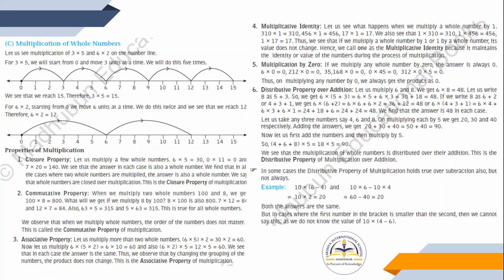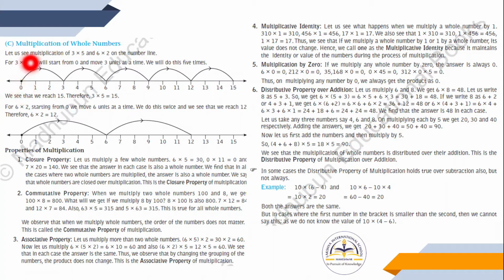Let us see the multiplication of 3 into 5 on the number line. You can see 1, 2, 3. These are the three intervals we have taken. We have made one number line which starts from 0 and goes on.